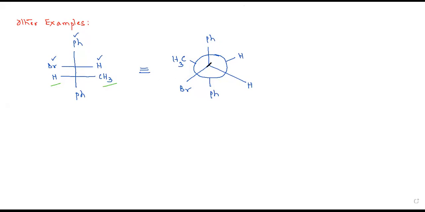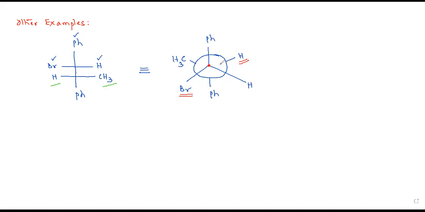Now, see at this carbon, you got bromine here. That is a front carbon. Now, there is a hydrogen exactly at 180 degrees. That is with anti-periplanar geometry.